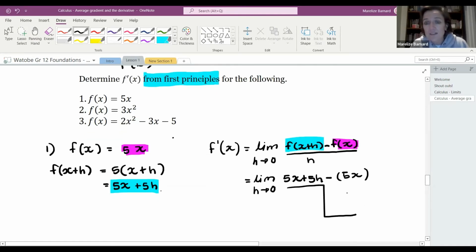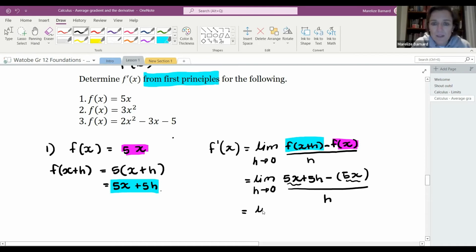But what if it's something like what we've got in question 3, 2x squared minus 3x minus 5? If you substitute that in, it's going to change the sign. That's why we need to put a bracket around our f of x. Okay, but we can see that this 5x and this 5x are going to add up to 0.